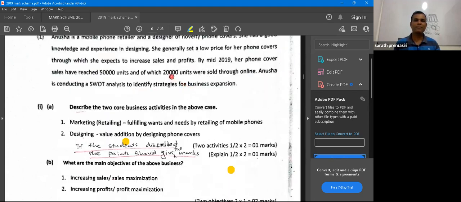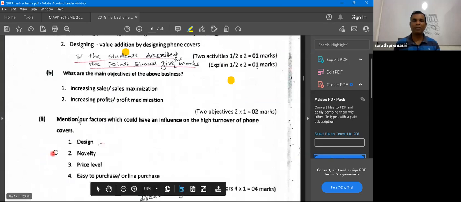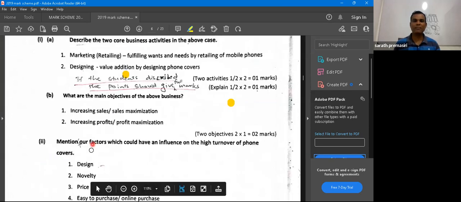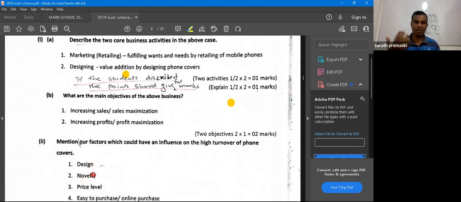Another reason, you see here, is that she is involved in online marketing and online trading. Now look at that. Design is one reason, because she has new designs. Because of the novelty, people are interested in purchasing phone covers.